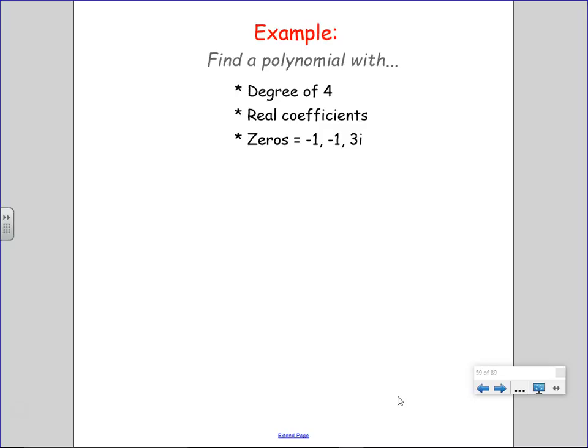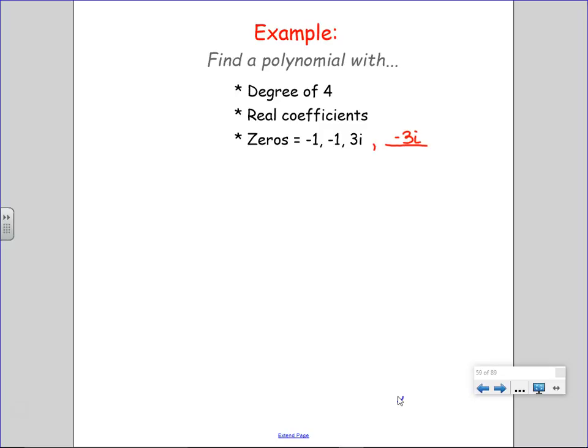There are always pairs. So if they told us there are zeros at -1 and -1 and 3i, what can we also say? You were trying to trick us and didn't give it to us, but we know that there must be one at -3i also. Good. That's one thing that we can say. Wait, that doesn't make sense. There's supposed to be 4. Oh, these come in pairs. Now they're pretty nice. Wouldn't you do x squared plus 1 and then x squared plus 3?